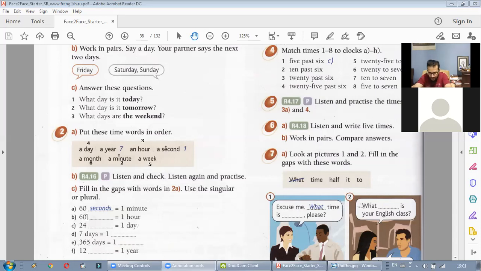What about 1 day? 1 day has 24 what? 24 hours, 1 day. Right. That's correct. What about 7 days? 7 days equals 1 week. Correct. What about 365 days? They equal what?